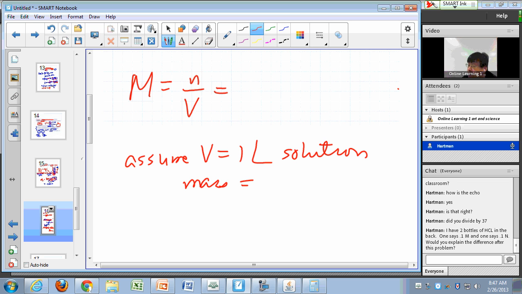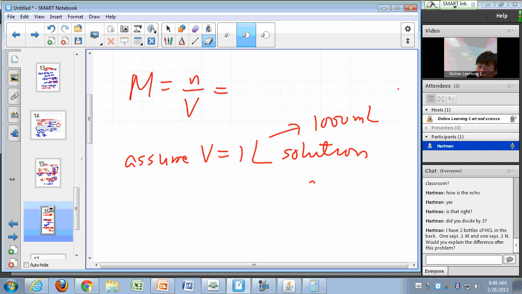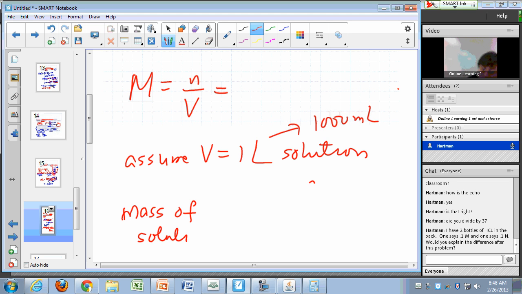Sure, okay. The mass is 1,000 is 1 kilogram, right? 1,000 grams, because 1 liter is 1,000 milliliters. I'm sorry, it's not 1,000 grams. Sorry. The mass is going to be what? Mass of solution equals 1,000 mils times our density, 1.19 grams per mil.